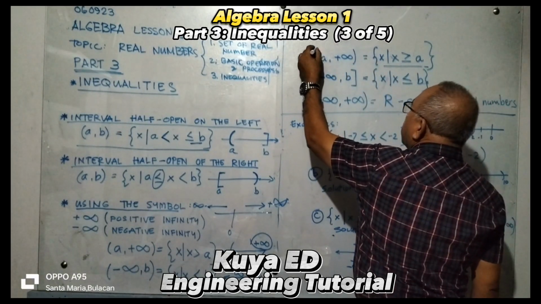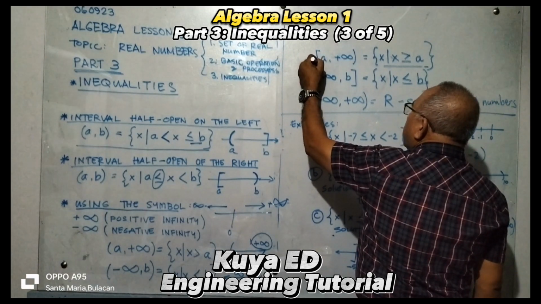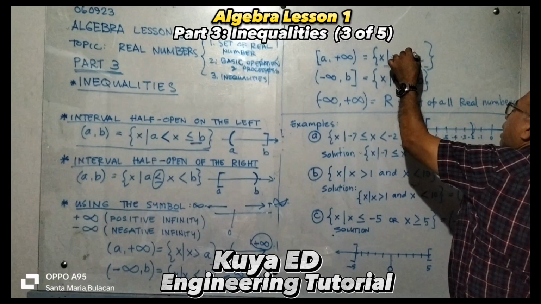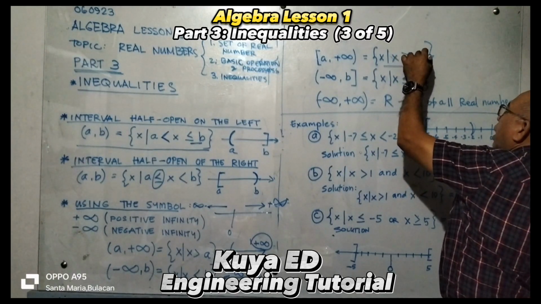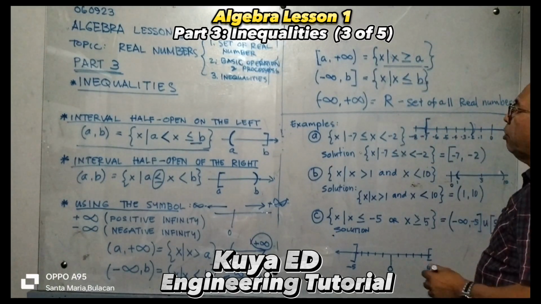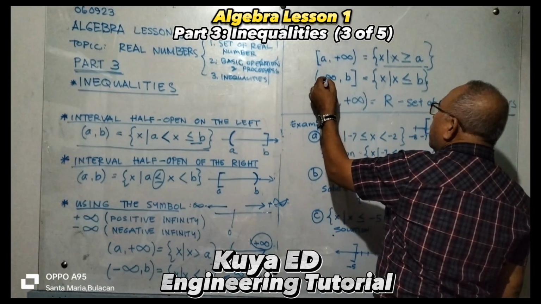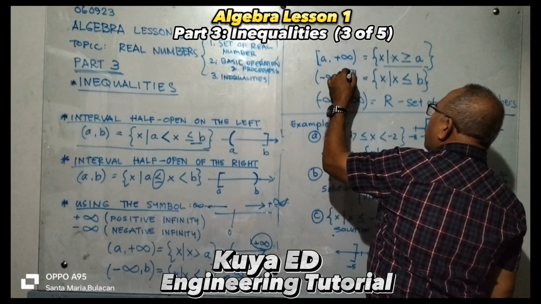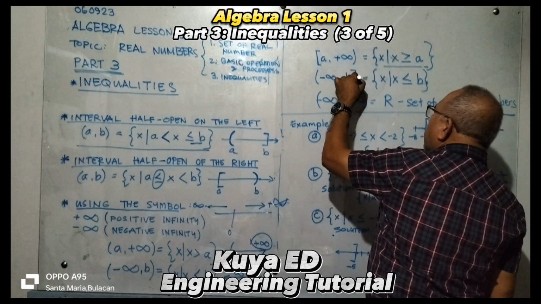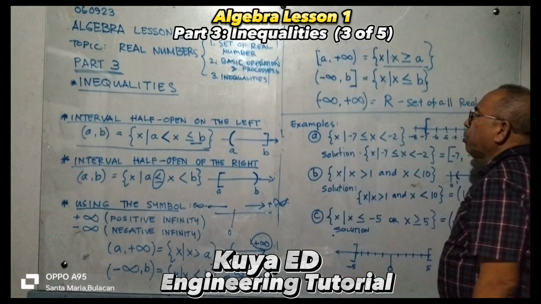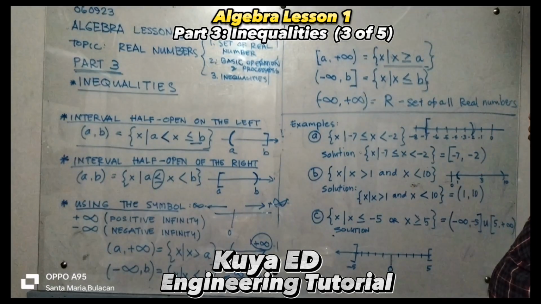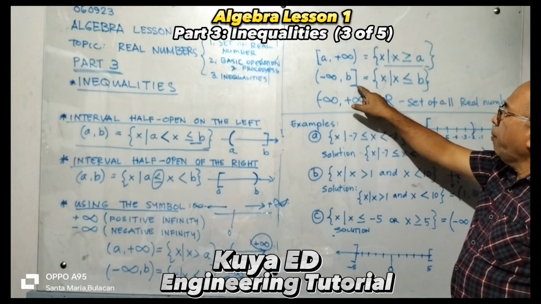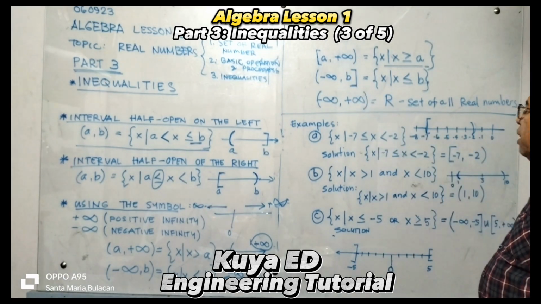Because we have this, ibig sabihin na set na ang A. That's why greater or equal to A. Dito naman we have the negative infinity at saka B. Pero at the side of B, mayroong bracket. So, yung bracket indicates na settled, what we call set na siya.